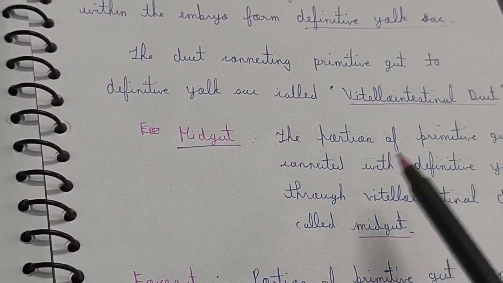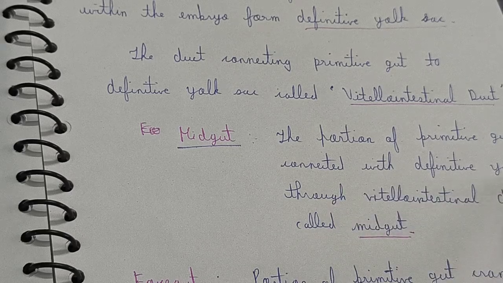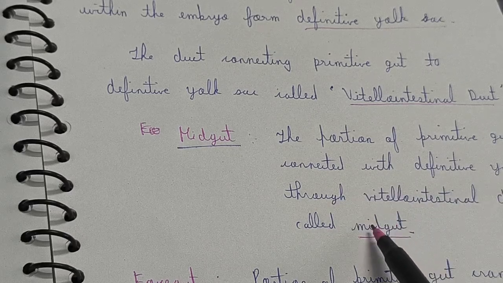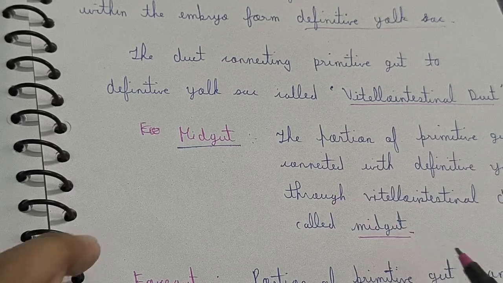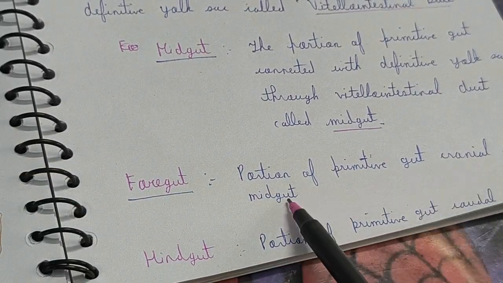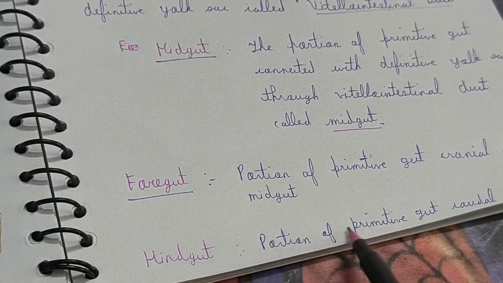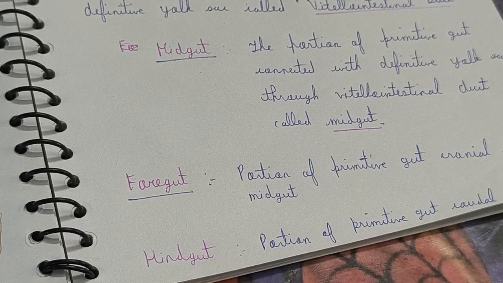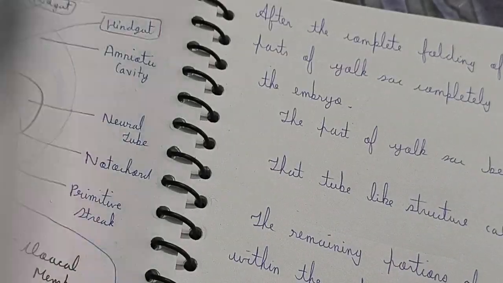And what is the midgut? The portion of the primitive gut connected with the definitive yolk sac through the vitellointestinal tract is known as the midgut, and the portion of the primitive gut cranial to the midgut is the foregut, and caudal to the midgut is the hindgut. That's all about embryo folding.